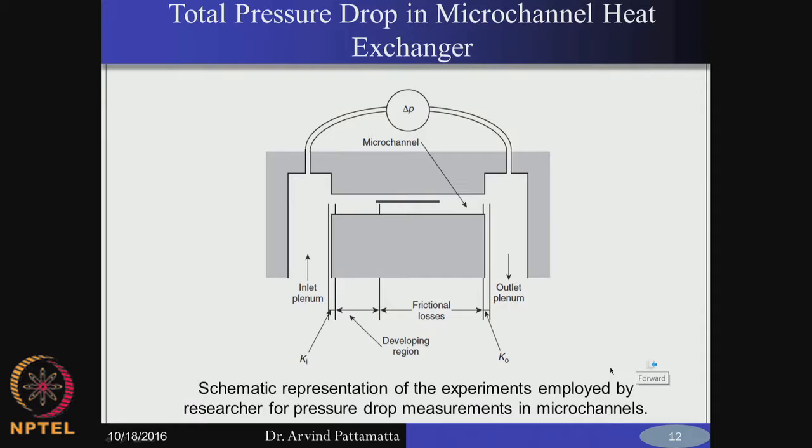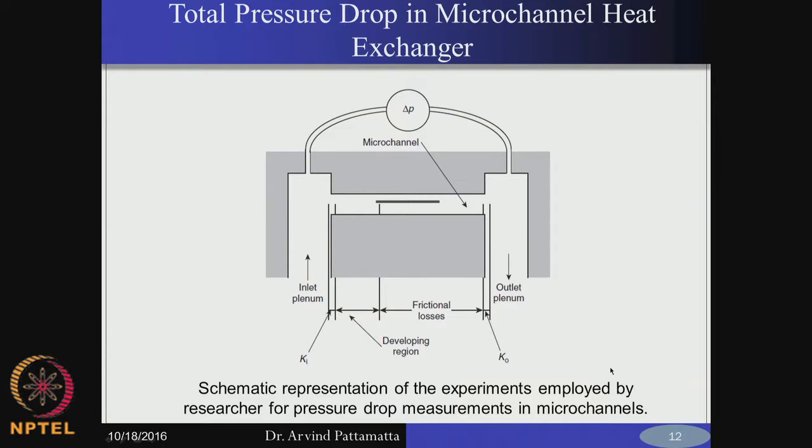Now, the other important difference when it comes to micro channels is the case of inlet and exit losses. This is already there in the macro channel case, but it becomes more apparent because, compared to the overall pressure drop within the channel, these losses can also be significant because you generally have very large plenums.